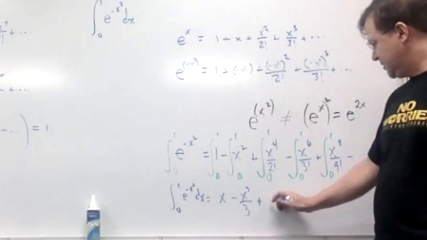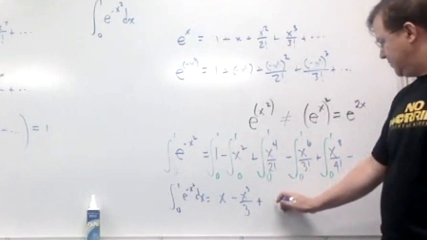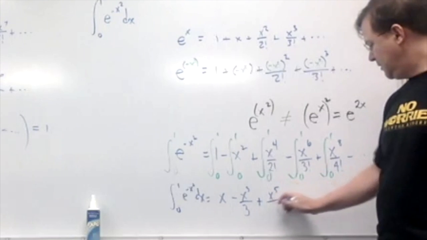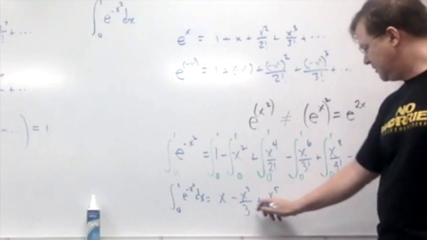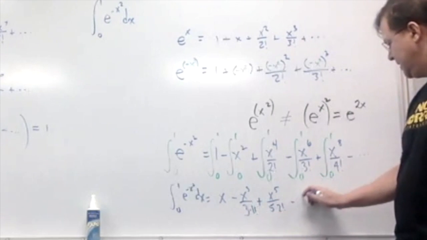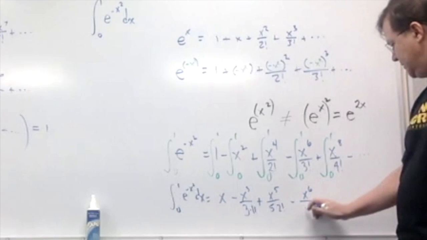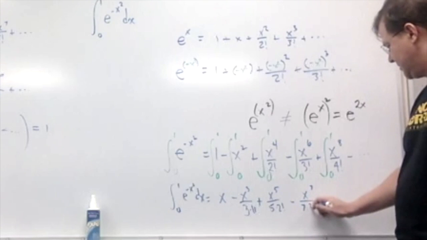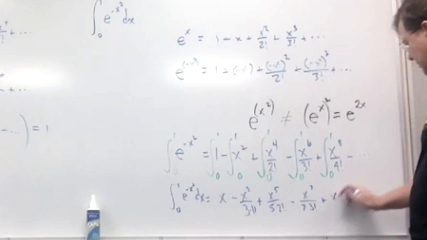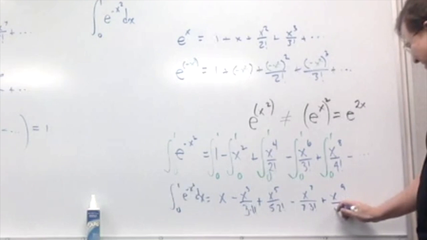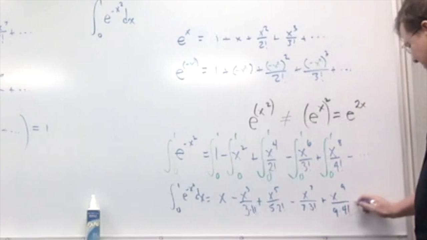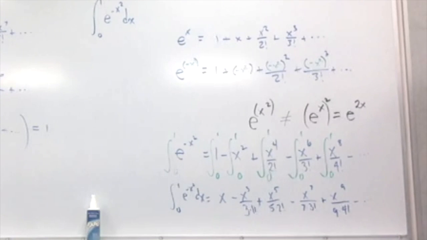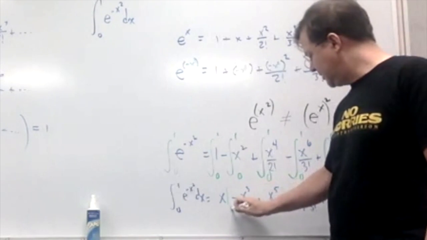It's going to go from x to the 5th over 5 times 2 factorial, minus x to the 7th over 7 times 3 factorial. Keep going to see the pattern. But these are definite integrals, so each of these does need to be evaluated at 0 and 1 and subtracted.